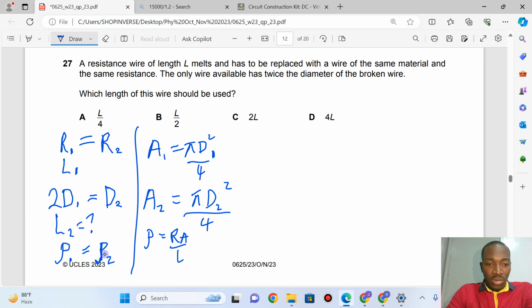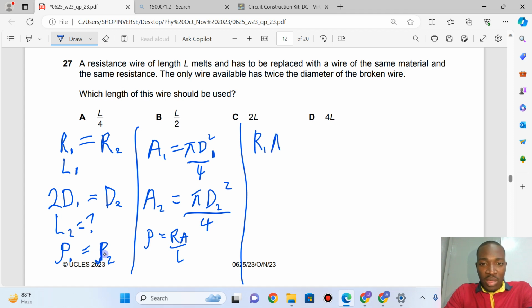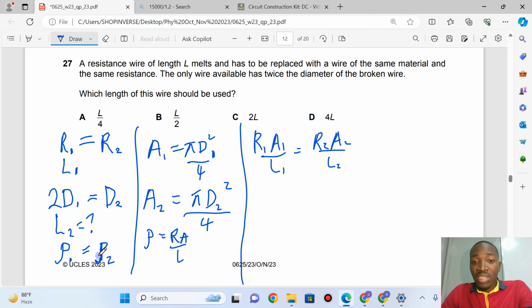So the resistivity of the first wire that broke, R1 A1 over L1, must equal R2 A2 over L2. Resistivity of the first wire must equal the resistivity of the second wire since they are made of the same material.